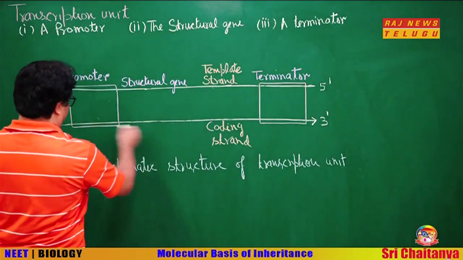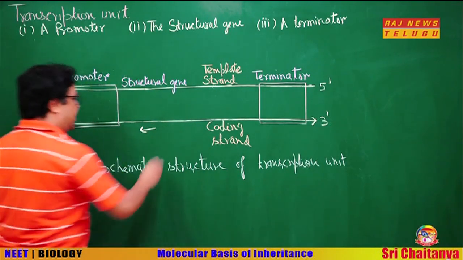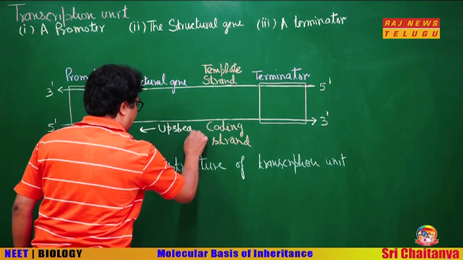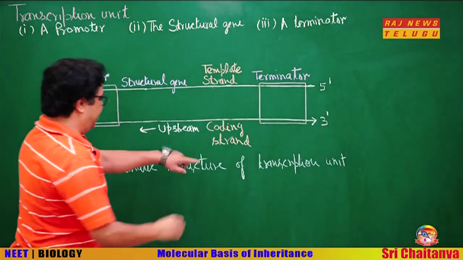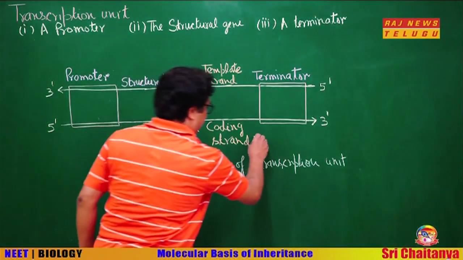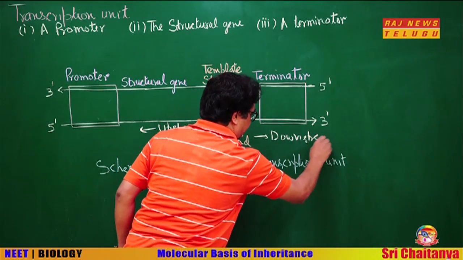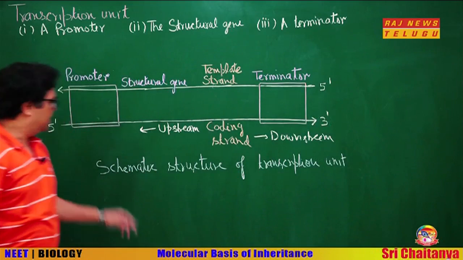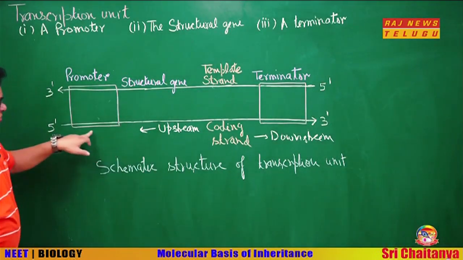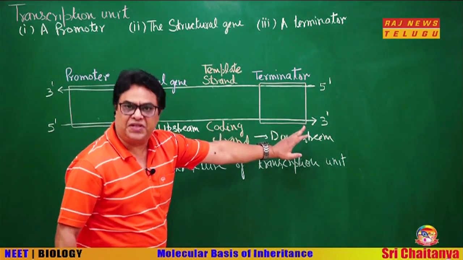If we move towards the 5' end of the coding strand, we say upstream, and if we move towards the 3' end of the coding strand, then we say downstream. So, we can say that the promoter is present upstream while the terminator is present downstream.